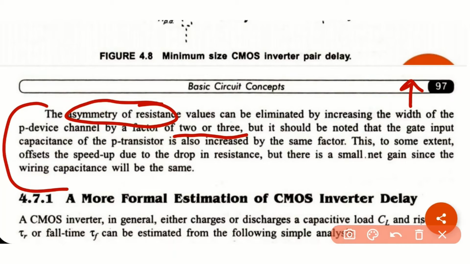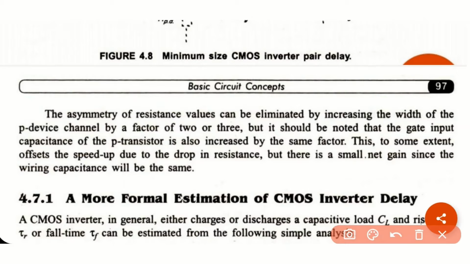The gate input capacitance will also increase if we increase the width. So we have to correspondingly decide whether we want to have symmetry in resistance or we should keep it asymmetrical.